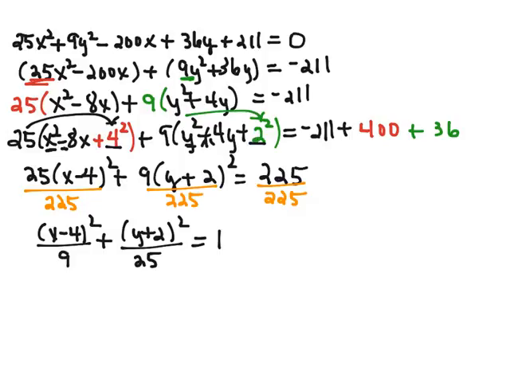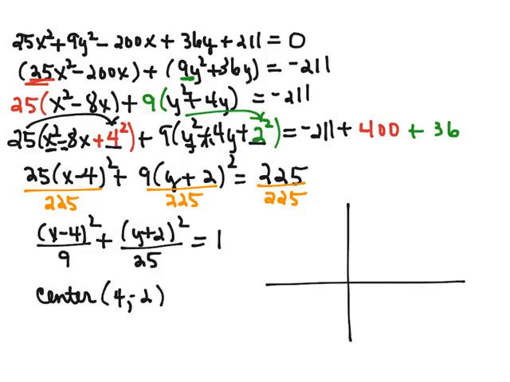So the next thing we want to do is sketch the graph of this ellipse. So notice that the center is going to be 4, negative 2. So we're going to start at 1, 2, 3, 4, negative 2. And then notice that under our x term, we have a 9.